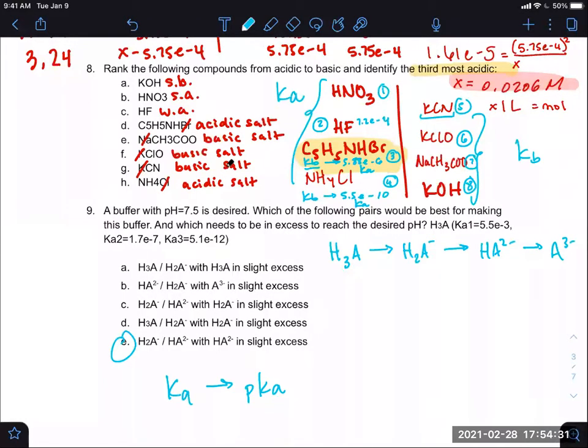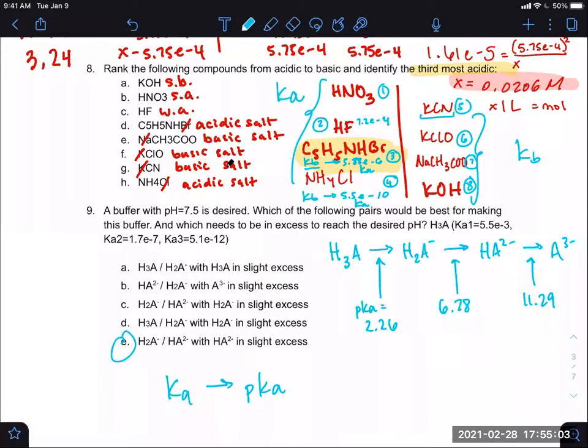Sorry, I have it written down. Okay. Here it will be where the Kas lie. So the pKa here will equal 2.26. The pKa here will be 6.78. And the pKa here will be 11.29, okay? So basically, we're asking ourselves, what position do we want to be on the scale? Basically, it's kind of like a scale.